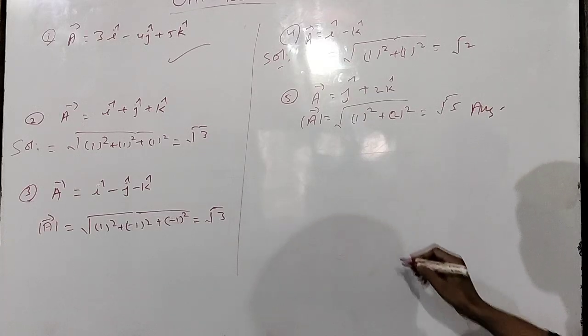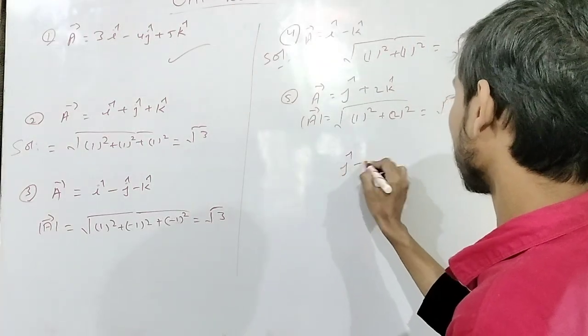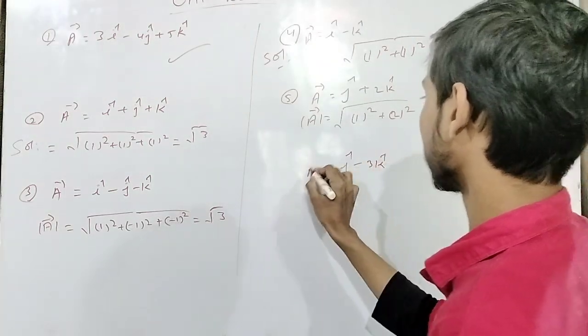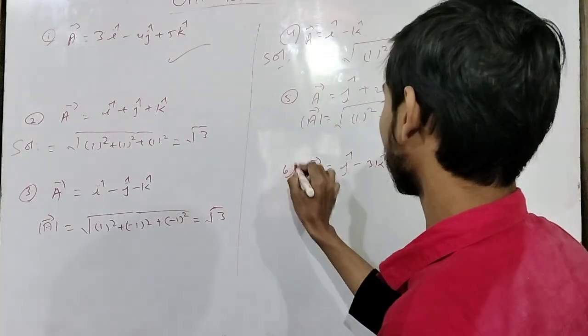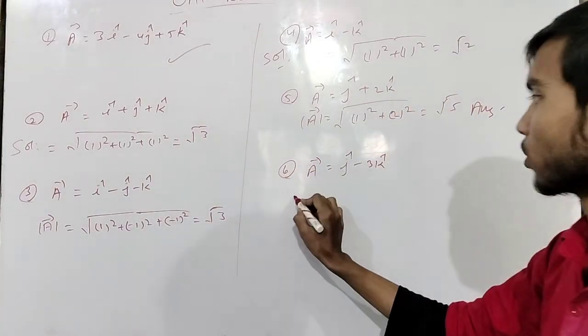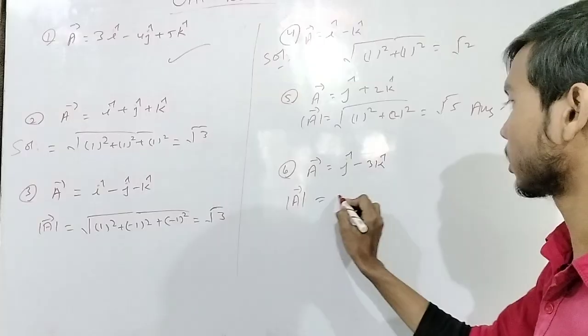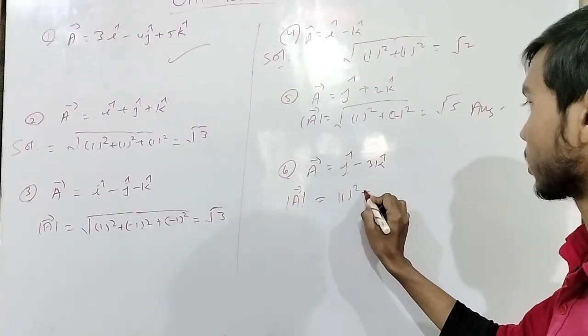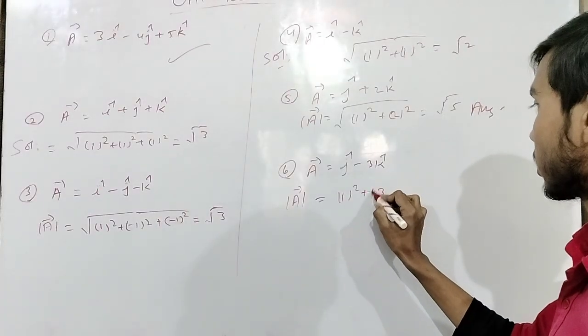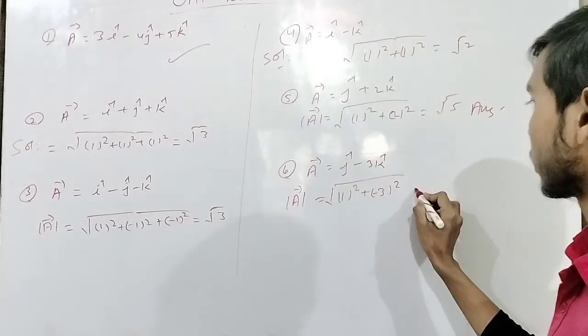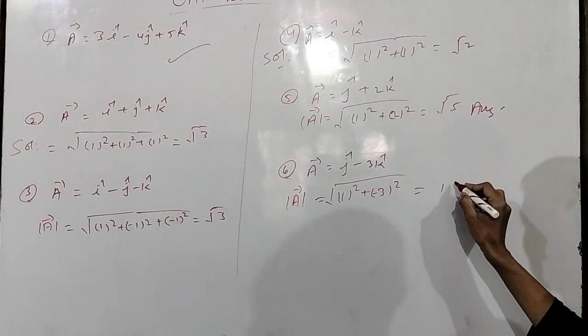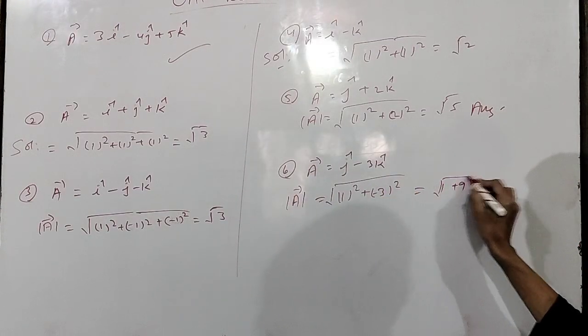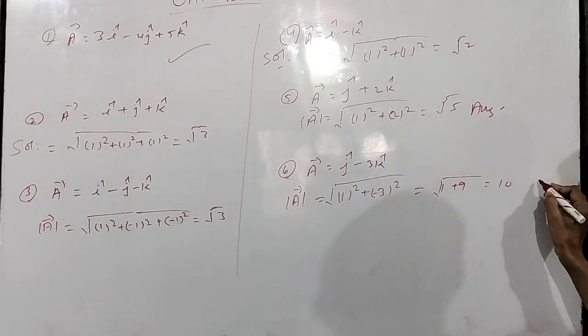Next, j cap minus 3k cap. Here the magnitude of this given vector will be 1 square plus minus 3 square. At the end, 1 square plus 3 threes is 9, so it is 10.